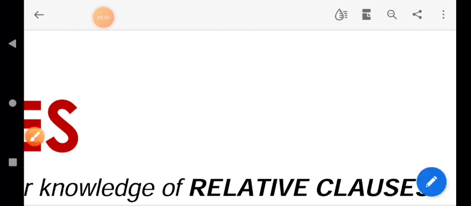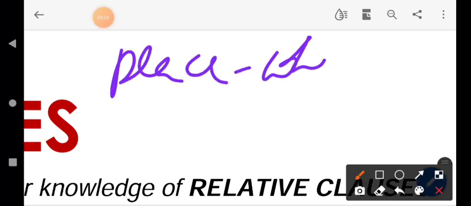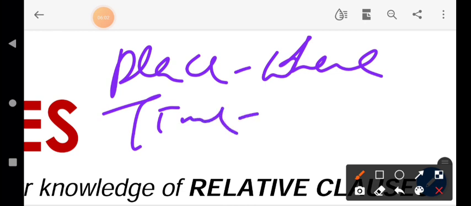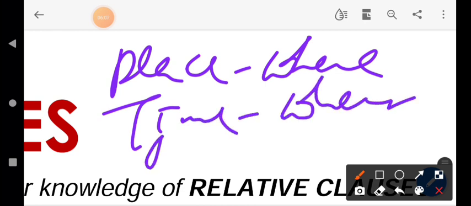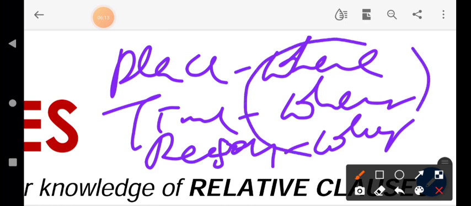And for place, we should use where. For time, we use the relative adverb when. And for reason, we use the relative adverb why. These are all called relative adverbs. The clause starts with relative adverbs.